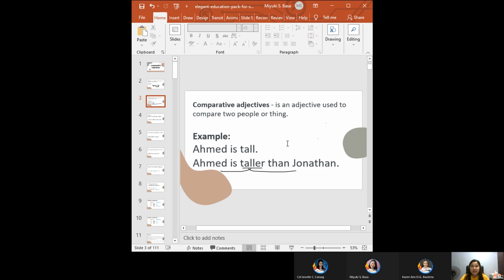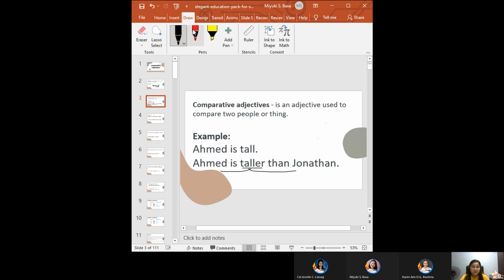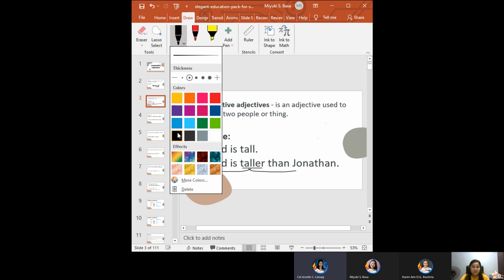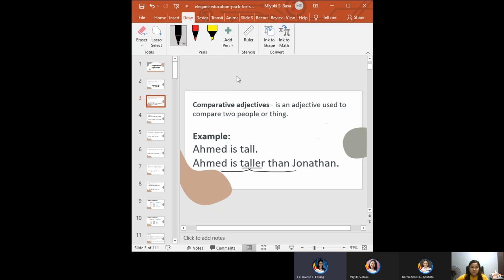Now, my question is, what is the base form of the comparative adjective taller? The base form of the word taller is tall. Okay, that's right.